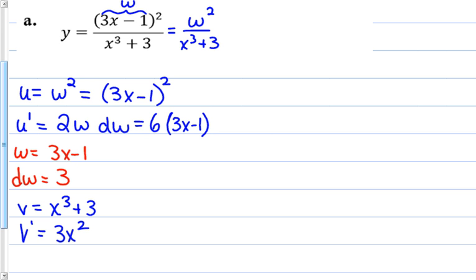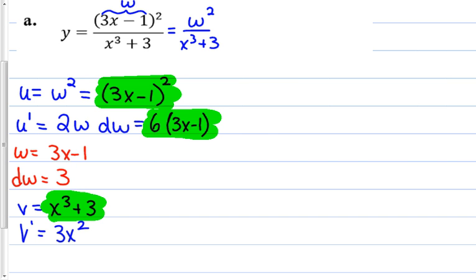Okay, so just like before, I'm going to use my u, my u prime, my v, and my v prime. And those are the pieces for doing my low d high minus high d low over low times low.